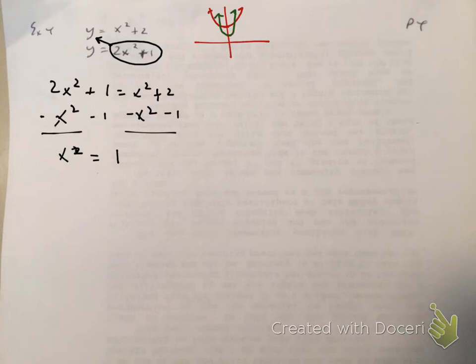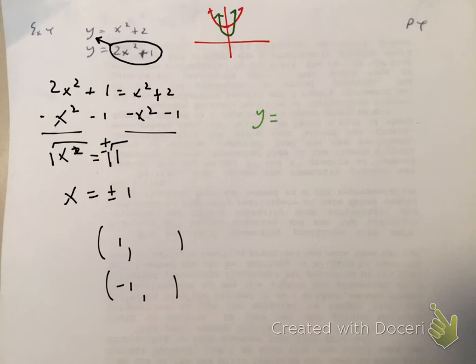And I'm going to take the square root of both sides. So I'll get x is equal to plus or minus 1. So again, we have the x coordinates, we got to find the y coordinates. So when I find the y coordinates, I'll just use that top equation and I'll have 1 squared plus 2 is a 3.